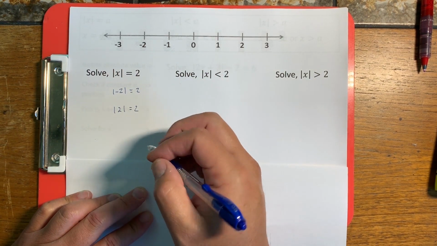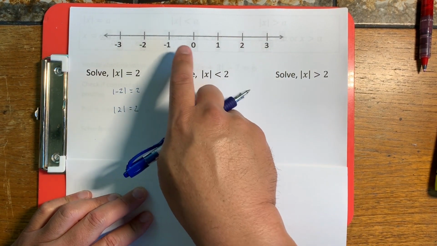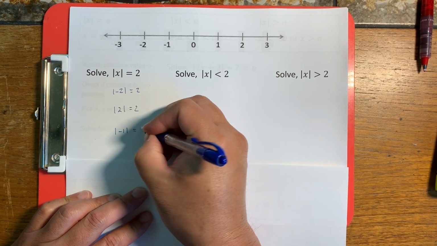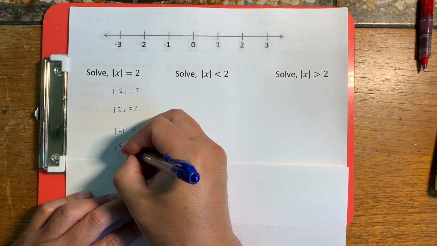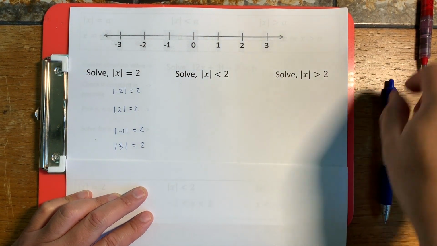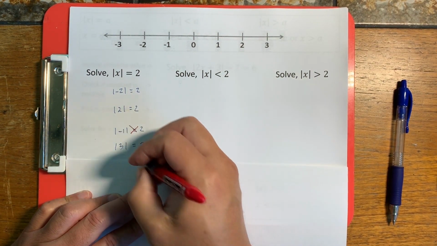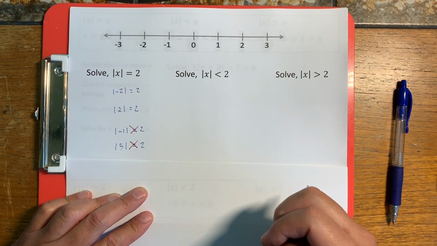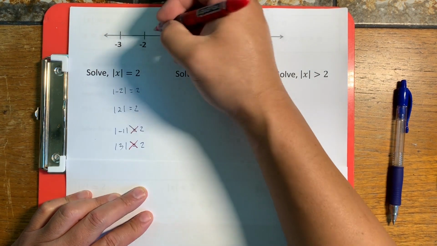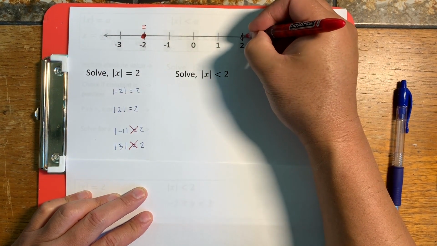But if I were to put any other number, some number bigger than 2 or in between -2 and 2, so let's say something like -1 or 3, we would get a false statement because the absolute value of -1 is 1, and we could see that this is not true, and we could see that this is not true. So the only two numbers from this number line that I could put into this equation and get a true statement is basically -2 and 2.